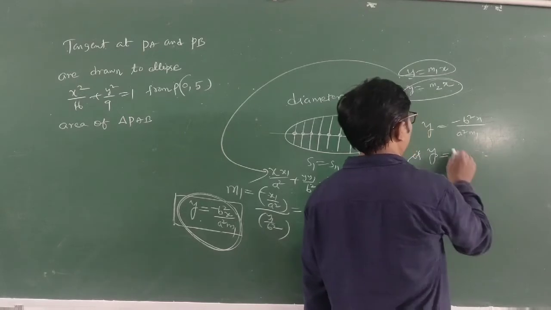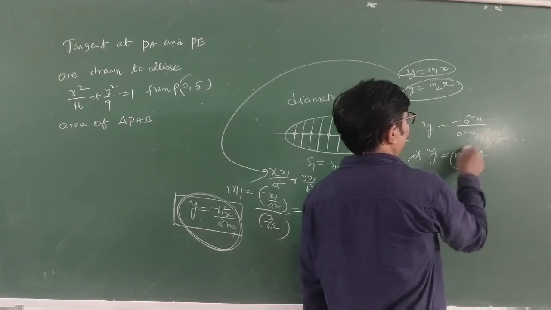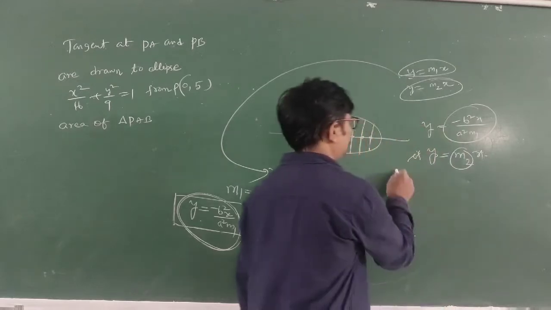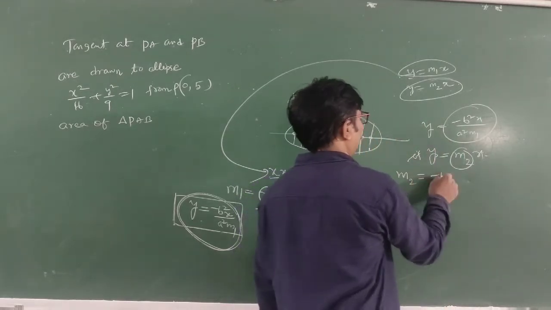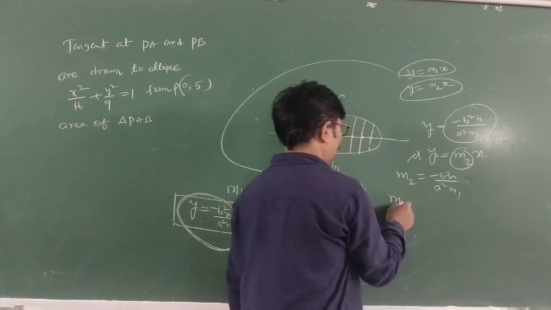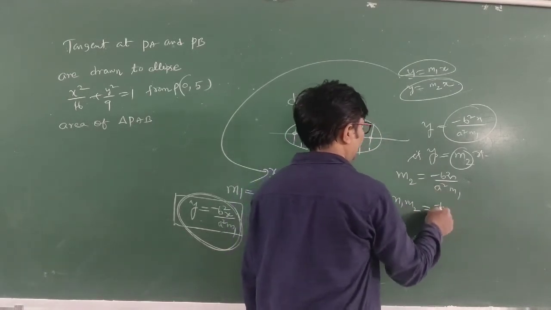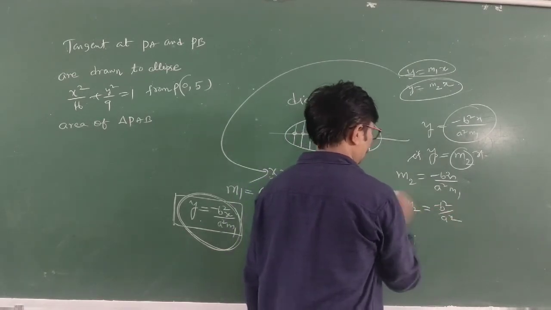This is compared with y equal to m2x. So students, m2 equal to minus b square by a square m1. This is very important, minus b square by a square.